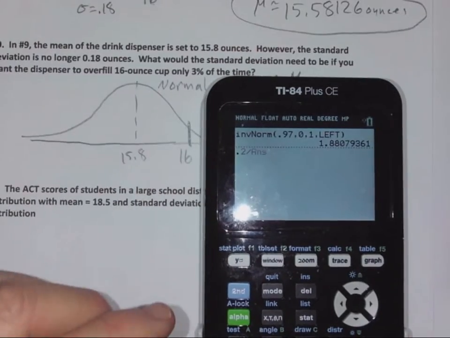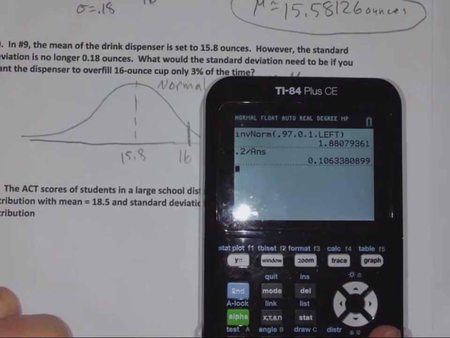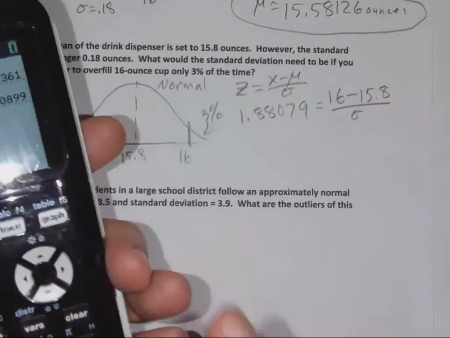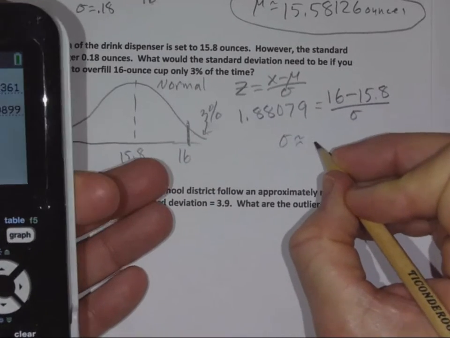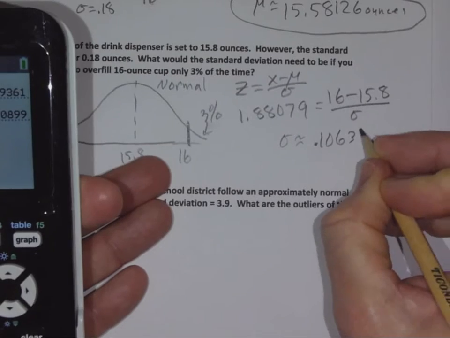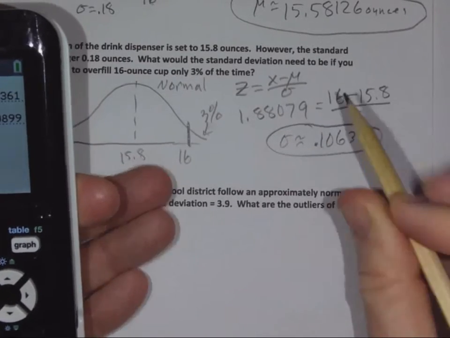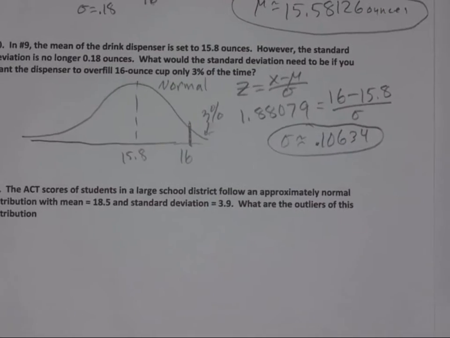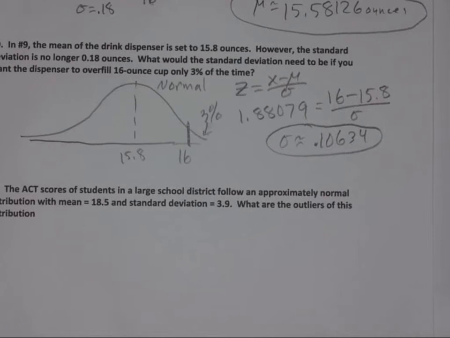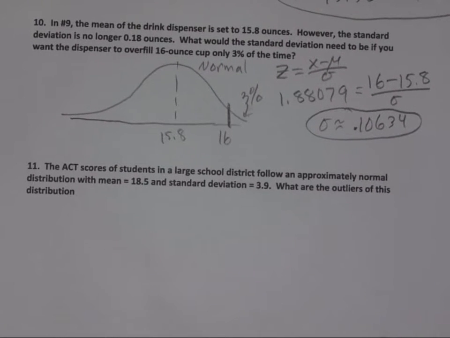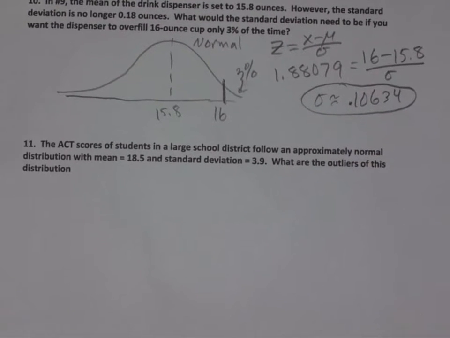And so it gives me 0.10634. So sigma is approximately equal to 0.10634. So there we go. And that's how you would do that. And then lastly, let's look at this guy.